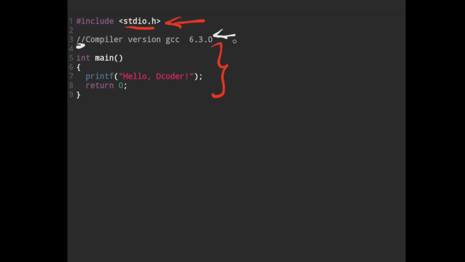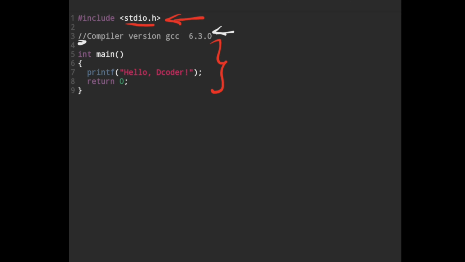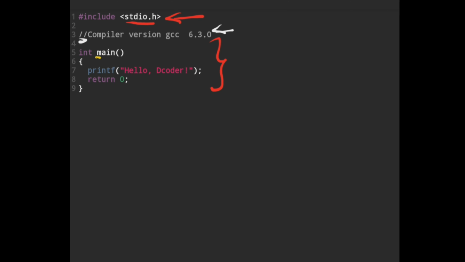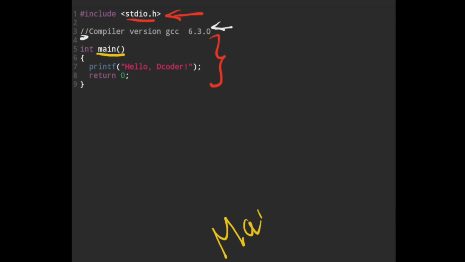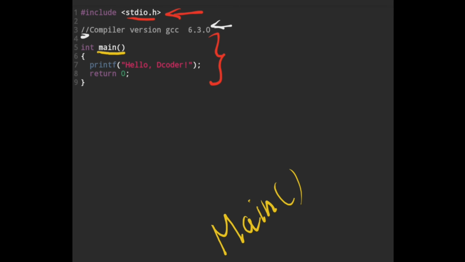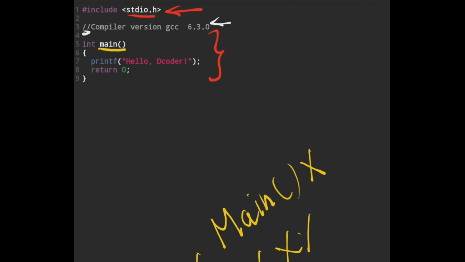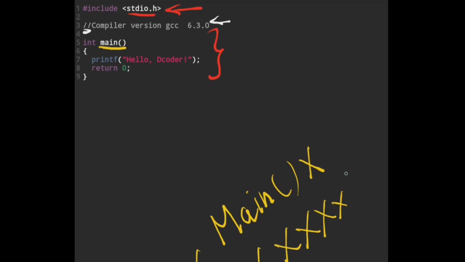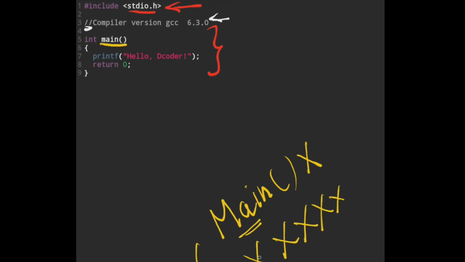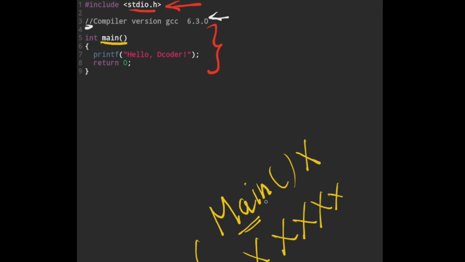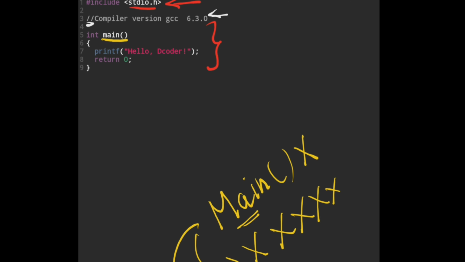Similarly, the next one comes under main. Whenever you want to write a program in C language, you must use the main function. Without the main function, we are unable to write a program in C language. So the program must include main. The main is a user defined function. In this function, you are going to write the logic of the program.